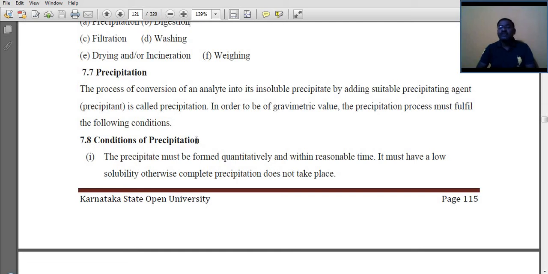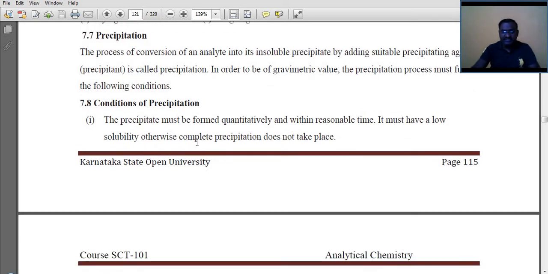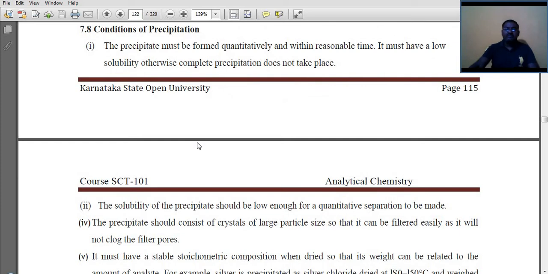In order to be gravimetrically valid, the precipitation process must fulfill the following conditions. What are the conditions for precipitation? The precipitate must be formed quantitatively and within reasonable time.